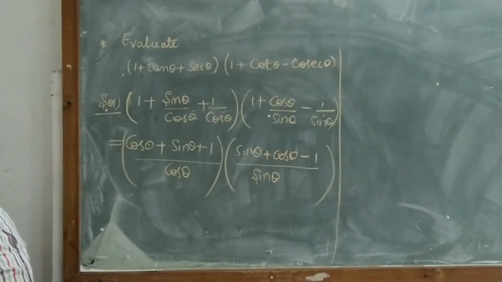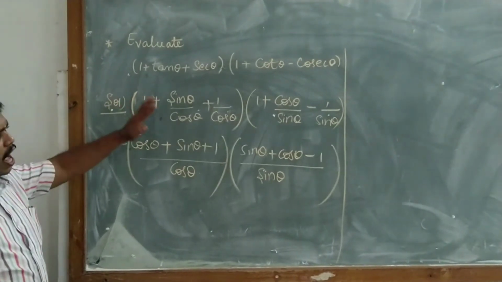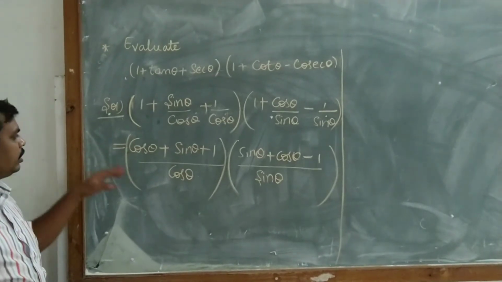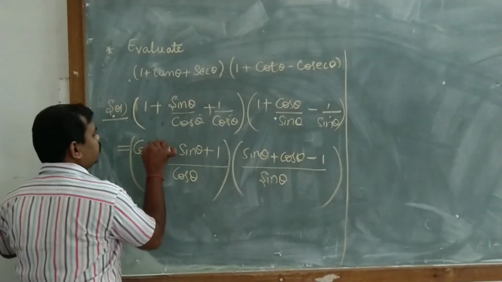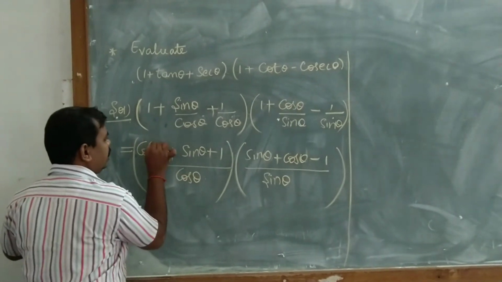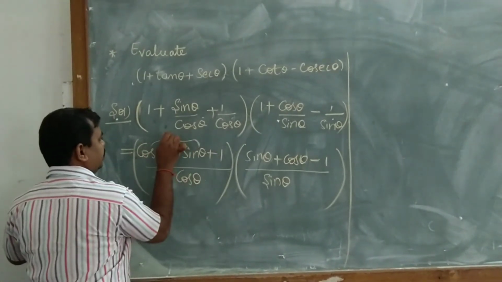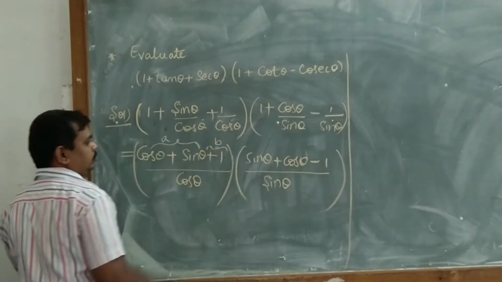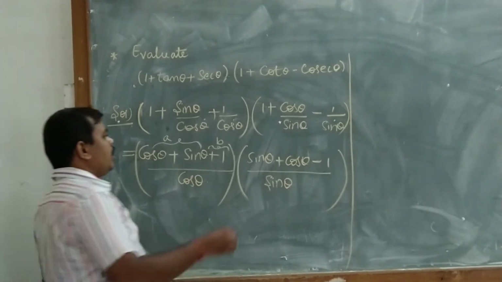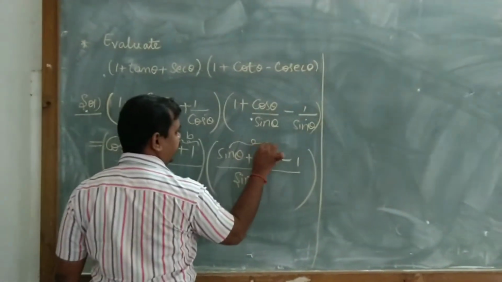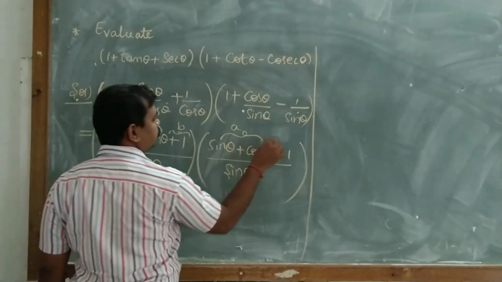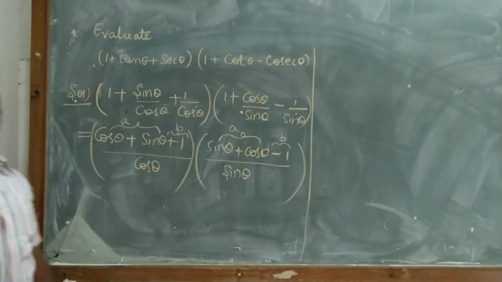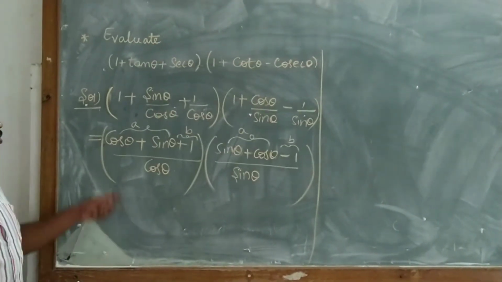Okay students, after writing this step, try to observe here. You treat this cos θ + sin θ to be A and this one to be B. Similarly, in the other bracket, cos θ + sin θ is A and this one is B. When you treat it this way, what can you observe?